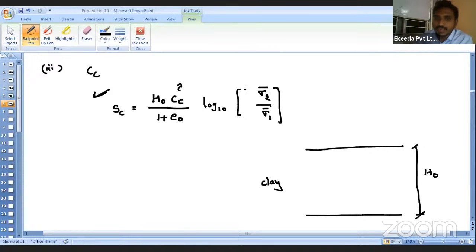So here we have to know two things: sigma 1 bar and sigma 2 bar, which are effective stresses.